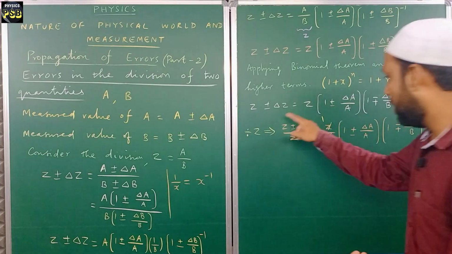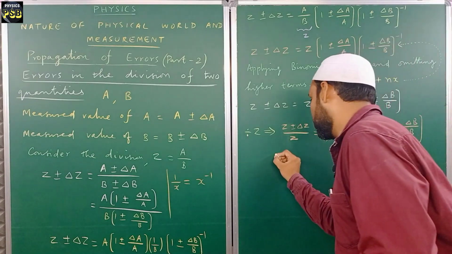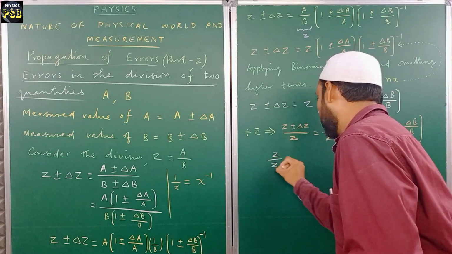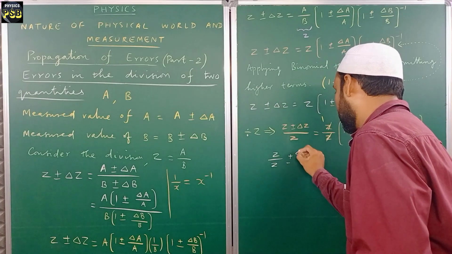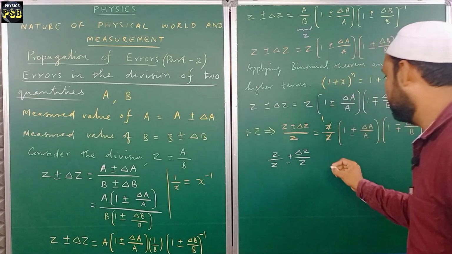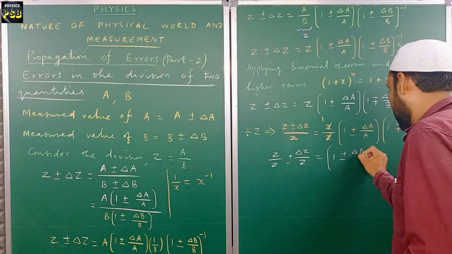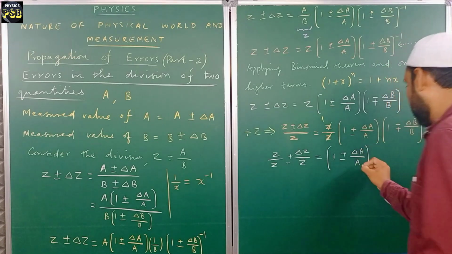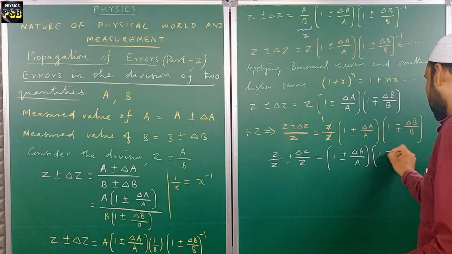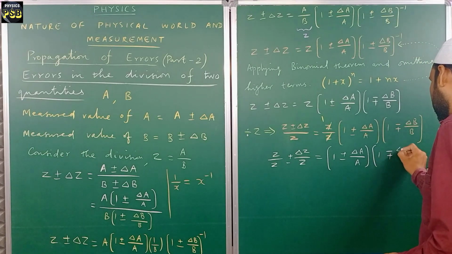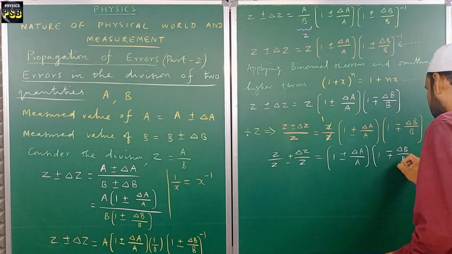Then I expand this part. I get z upon z plus or minus delta z upon z equals 1 plus or minus delta a upon a multiplied with 1 minus or plus delta b upon b.